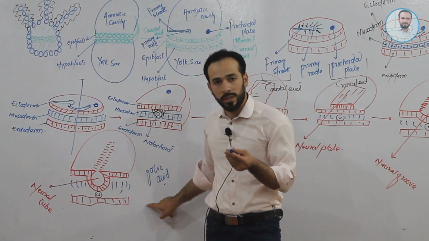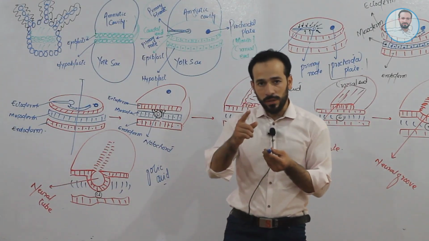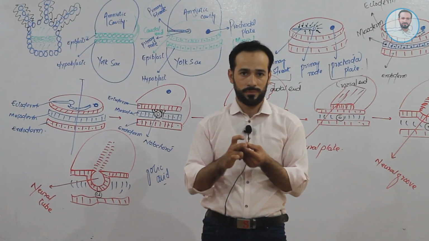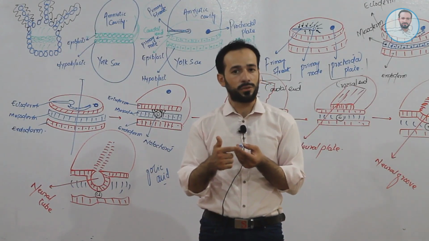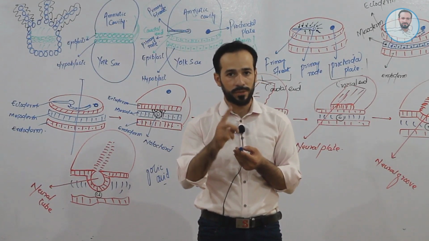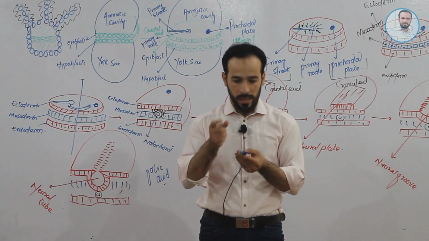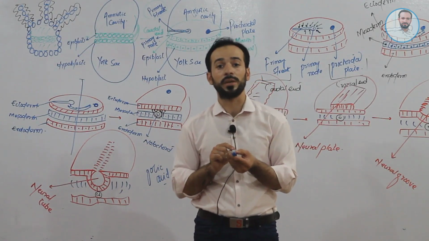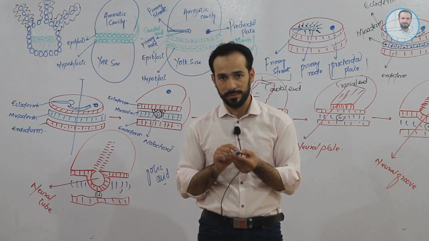So why is this folic acid needed? It is needed for the closing of the neuropores. The anterior neuropore will close by the 25th day, and the posterior neuropore will close by the 27th day of the gestation period, right?